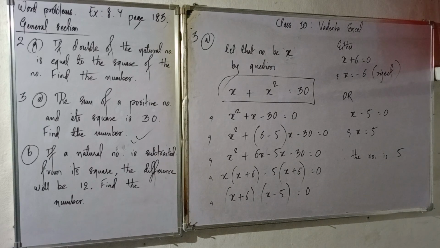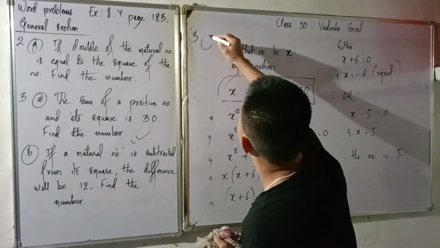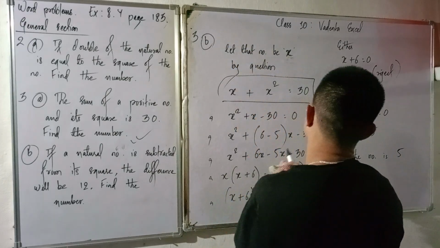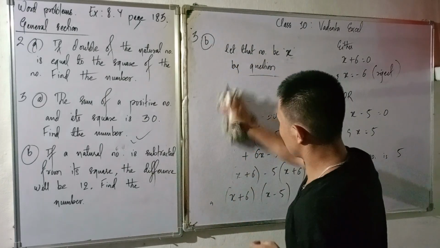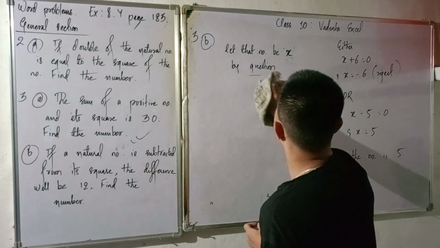If you haven't finished, try to take a screenshot. I'm going to rub it. Now let's move to number 3b. I'll take the same variable x.